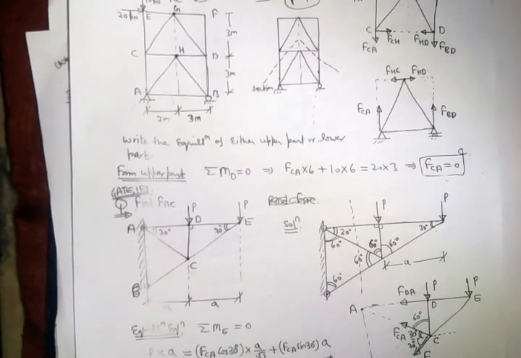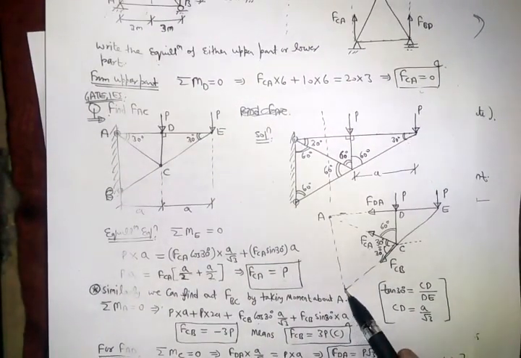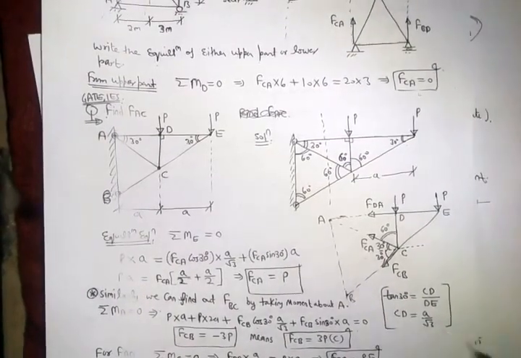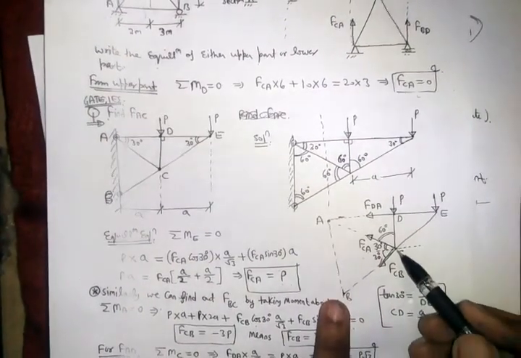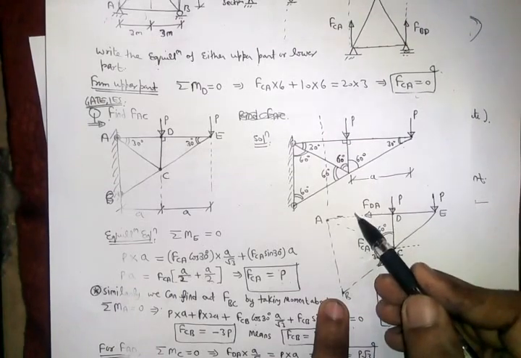AC is an inclined member, so there is no point about which I can take moment and find AC. If I take moment about this point B, the moment of this will be 0, but two unknowns will be there, right?